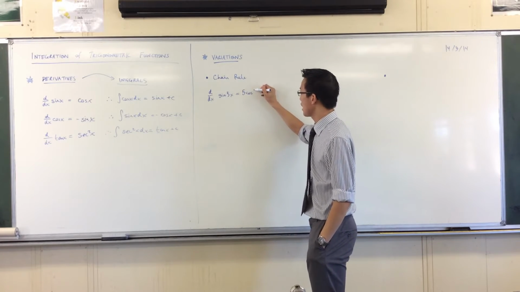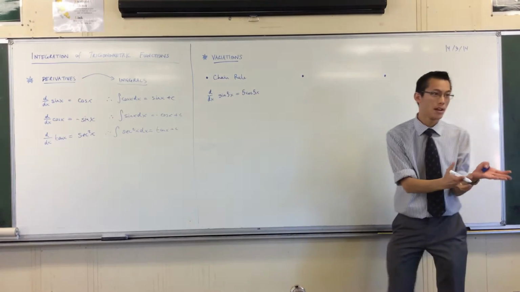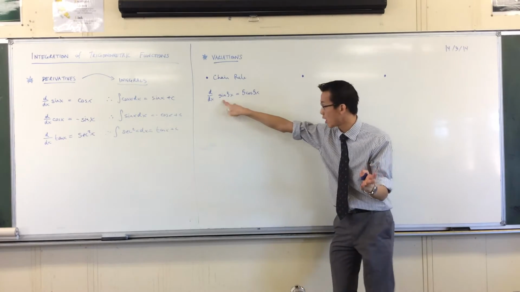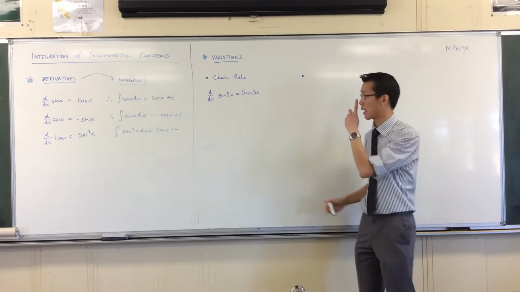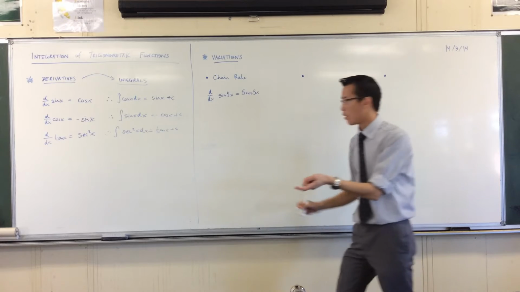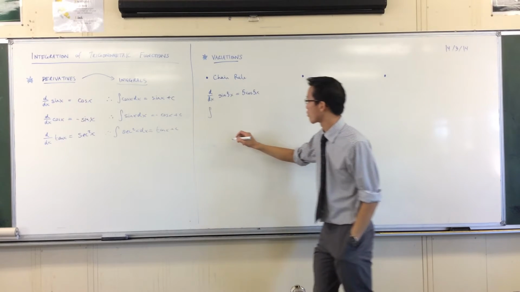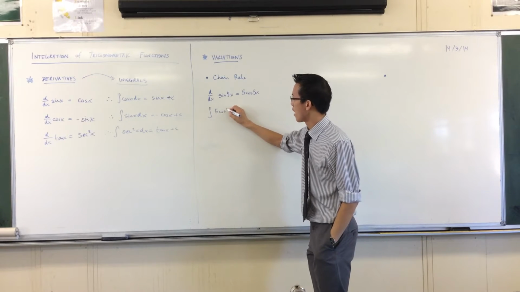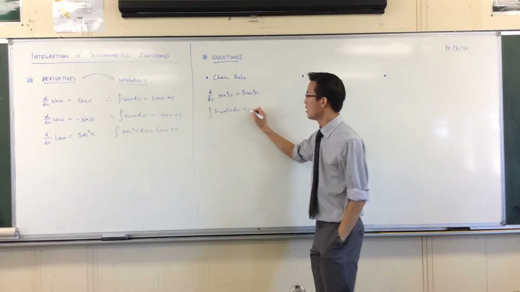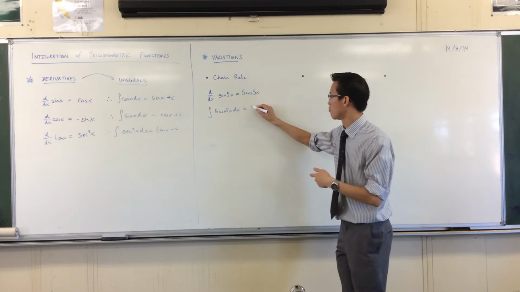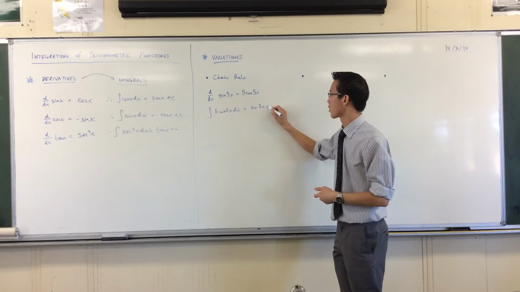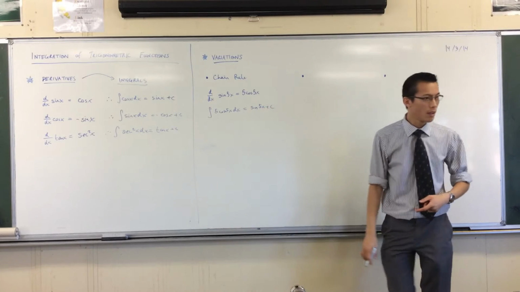Because you differentiate the inside, which gives you 5, and then you differentiate the outside, which is sine, goes to cos. No problems, okay? So therefore, if I were to integrate 5 cos 5x, I would go back exactly where I came from, with the exception of the constant, okay?